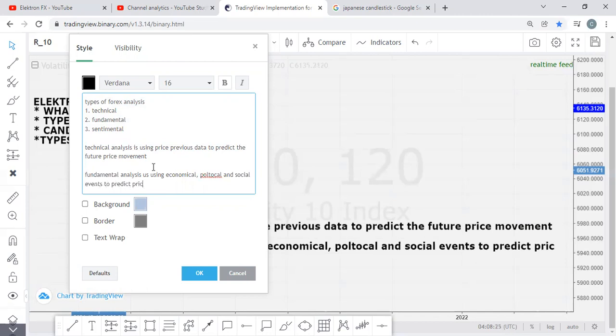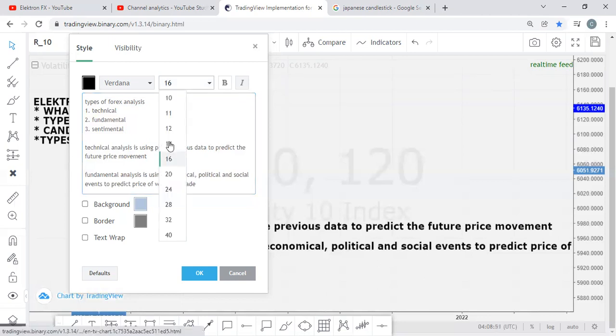So the goal of trading is just to predict where markets will go in the future, right? You're using this to predict the price of what you trade. So you use the economical, the political, and the social events. That's what fundamental analysis is all about. You're using these things to predict the future.